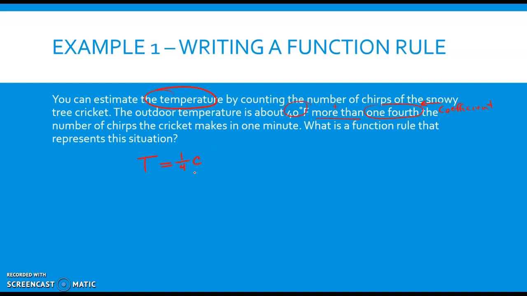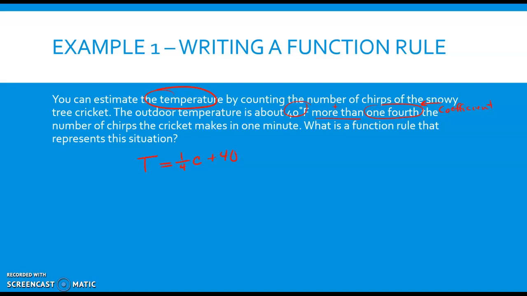So I'm going to use C for chirps plus the 40 degrees Fahrenheit. And then that's it. That is our function rule, because this is 1/4 the number of chirps plus 40 degrees in order to get our outdoor temperature.